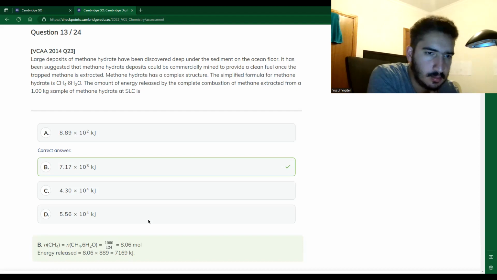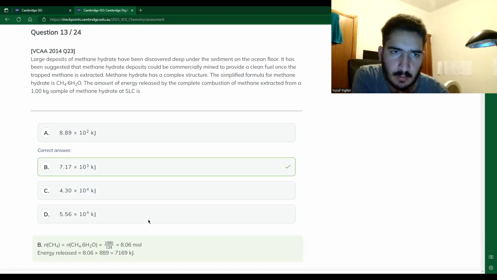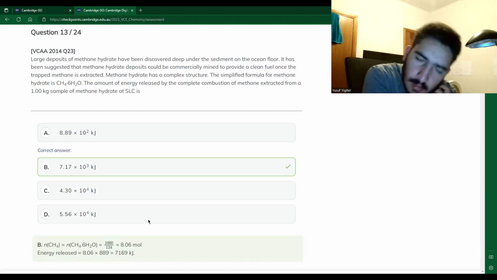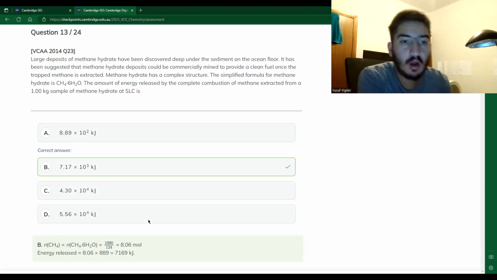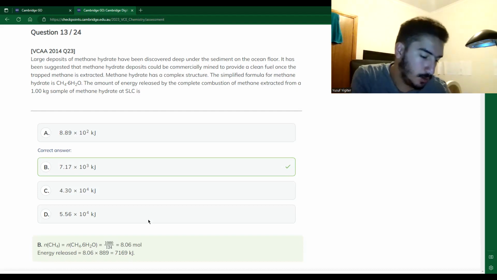Where did 124 come from? 124, that's a molar mass. So number of moles of methane equals number of moles of methane hydrate. Oh my God, I'm such an idiot.